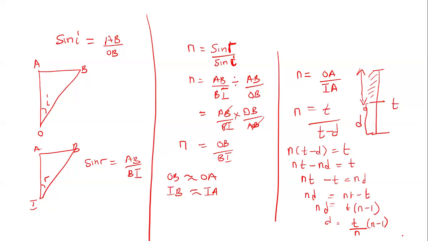Now you can even make it much better by entering the n inside. So when you enter n inside, you'll have t into n out of n minus 1 out of n. So this will give you t into 1 minus 1 out of n. And this is our d. So that is the relation existing. Hope we have got that.